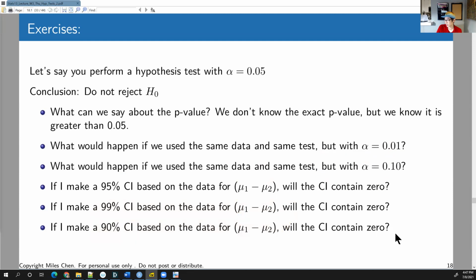Will any of those contain 0? Why don't I give you a minute to think about your answers? For the first two, your choices are: we would reject the null, we would not reject the null, or we don't have enough information. For the intervals, your answer is either it contains 0, it does not contain 0, or we don't have enough information. So take a minute and think about your answers to these questions.